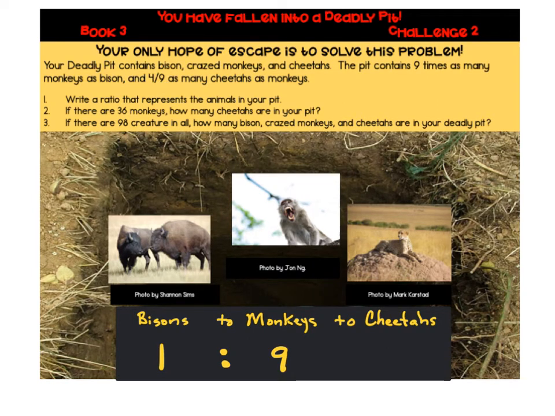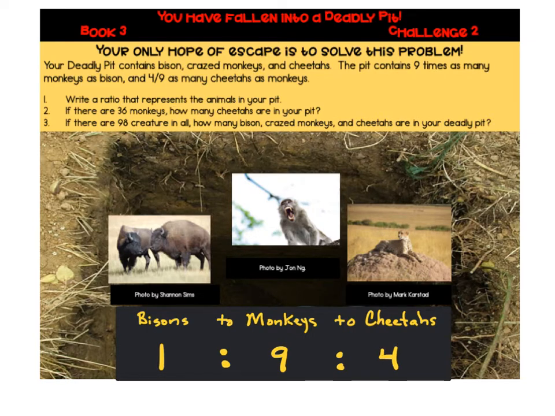So for every 9 monkeys, I get 4 out of those 9. So for cheetahs, I get 4 for every 9, which means I'm going to make the colon here and put the 4 right there.